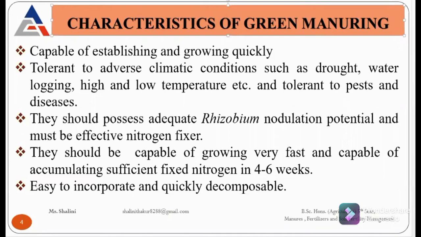That nitrogen which is not utilized by the plants is fixed by this bacteria biofertilizer, and then that nitrogen is available in 4 to 6 weeks. And these plants are easy to incorporate, and they decompose very quickly in that particular soil when we incorporate these green manure crops into it.